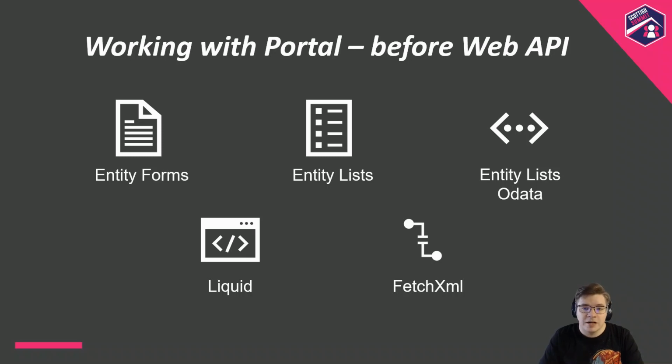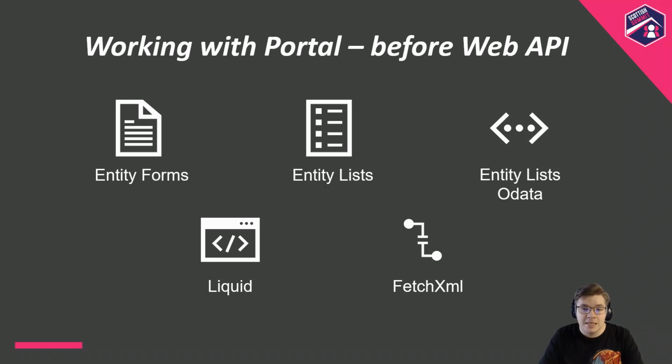It has a lot of benefits because you can easily reuse your existing forms, but also you can use your familiar visual editor to create forms in the Dataverse and then just render them on the portal. Entity forms also have additional configurations like attaching files, geolocation and stuff like that.